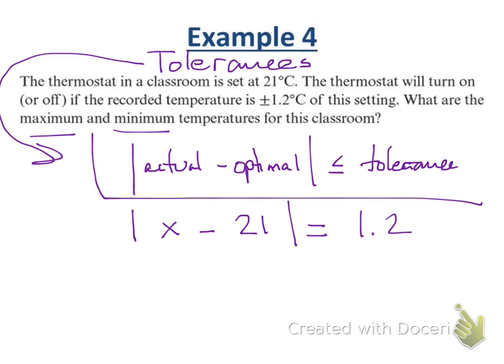Later in the course, we're going to be doing some word problems that are actually less than or equal to. When you're manufacturing a part, for example a nut or bolt, these things have to screw onto each other, and none of them are exactly the same.